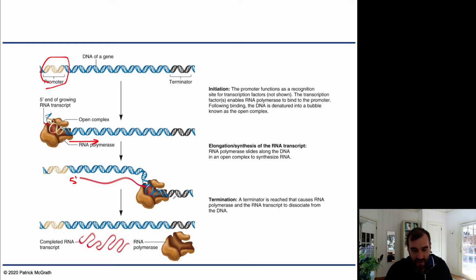And then finally, this polymerase reaches a sequence that is the termination sequence, and we'll go over the mechanism of that, but that allows the RNA polymerase to dissociate from the DNA, end transcription, and release the completed RNA transcript. And so the last ribonucleotides that are incorporated are on the 3' end of the mRNA.